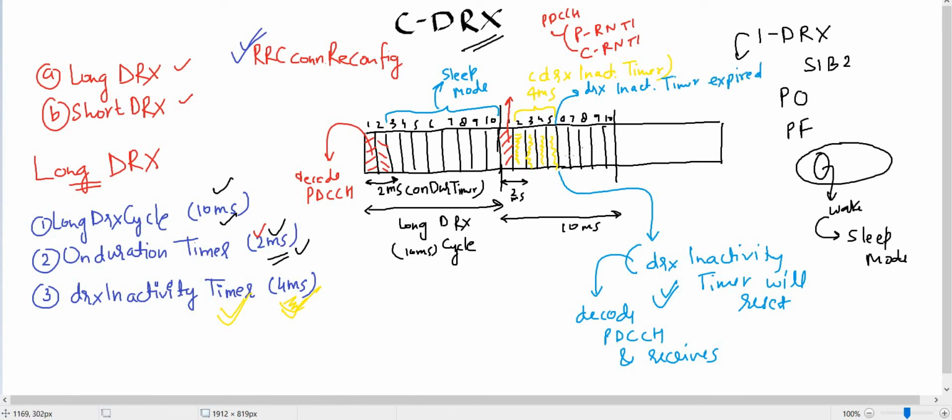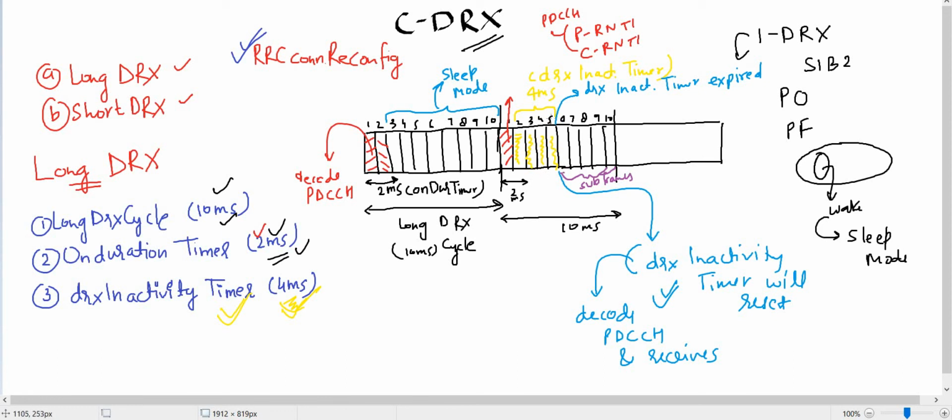After that, the UE will go back to sleep mode again for the next subframes. Why is the UE going into sleep mode?